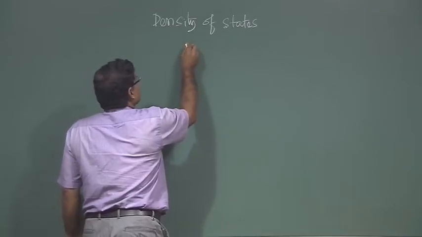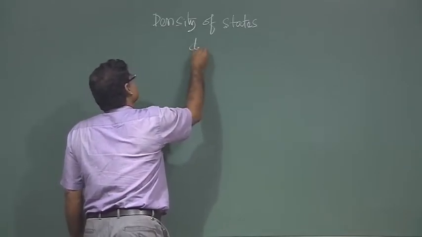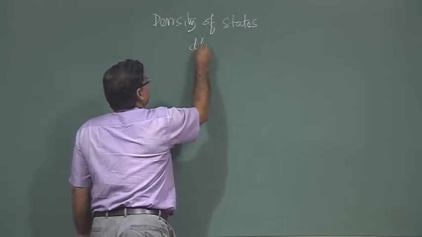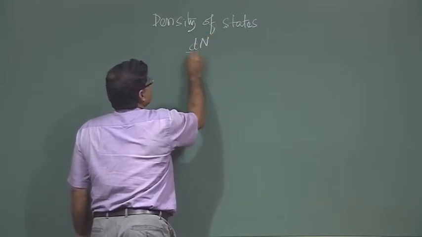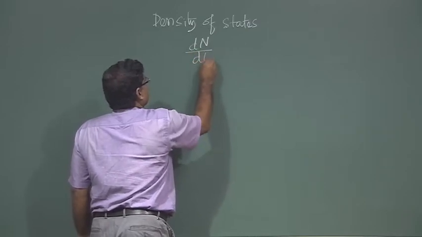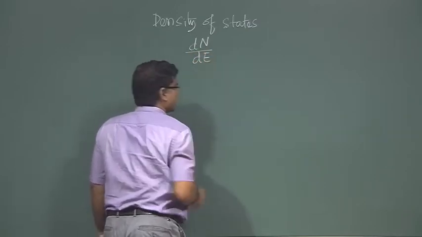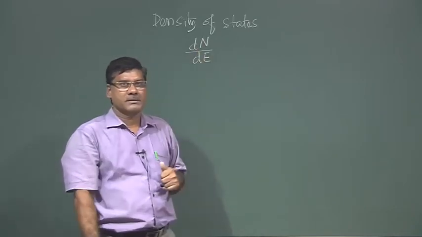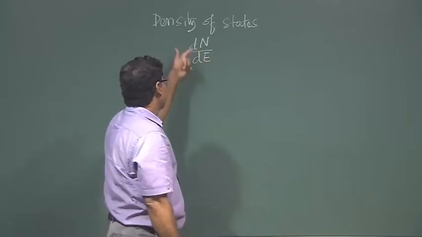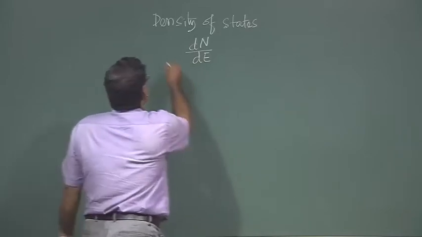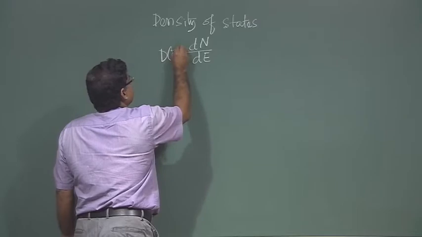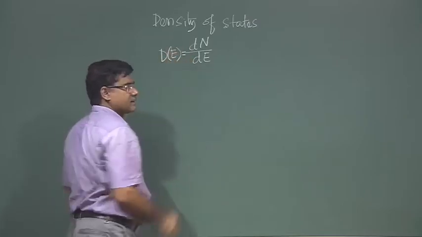Say the number of orbitals is n per unit energy. So, if n is the number of orbitals, then dn by dE is defined as the density of states.